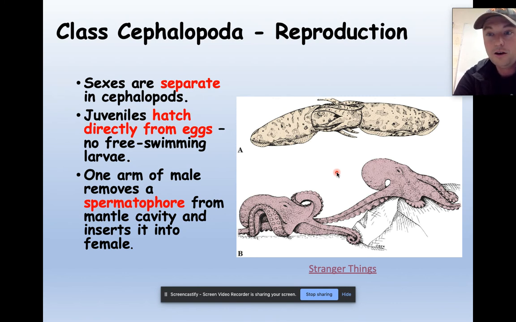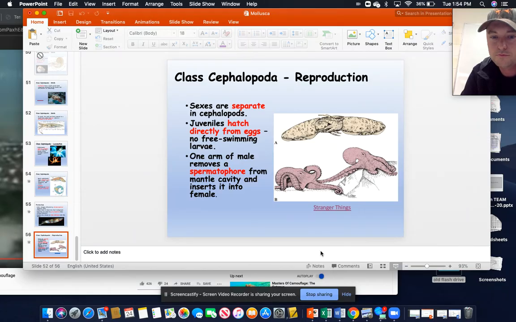Whoa. Lots of these guys will then detach that arm. So basically, as soon as I do it, boom, detach mine, and I'm gone, which is an interesting technique, to say the least. So anyway, check this little Stranger Things clip out, and we'll reconvene in just a few minutes here.